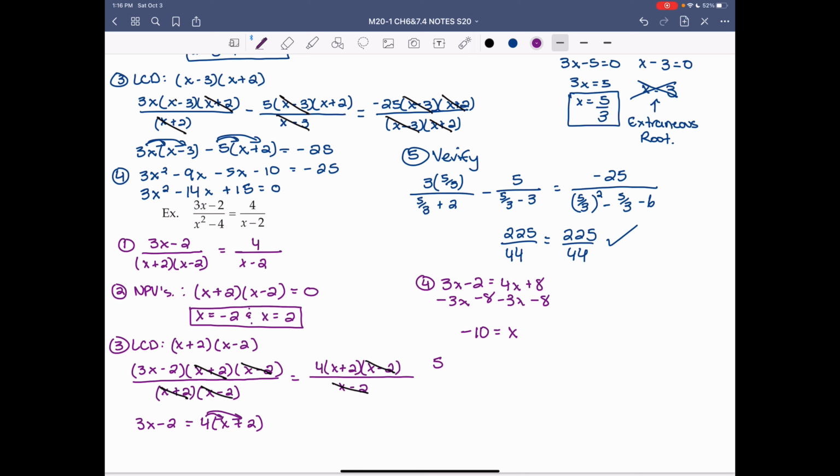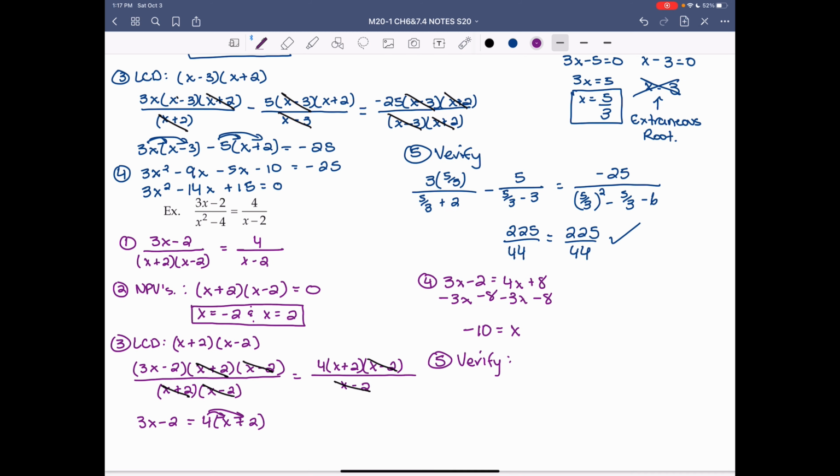Step 5, I want to verify. Negative 10 is not one of our NPVs. Let's plug negative 10 into the original equation and make sure that the left side equals the right side.